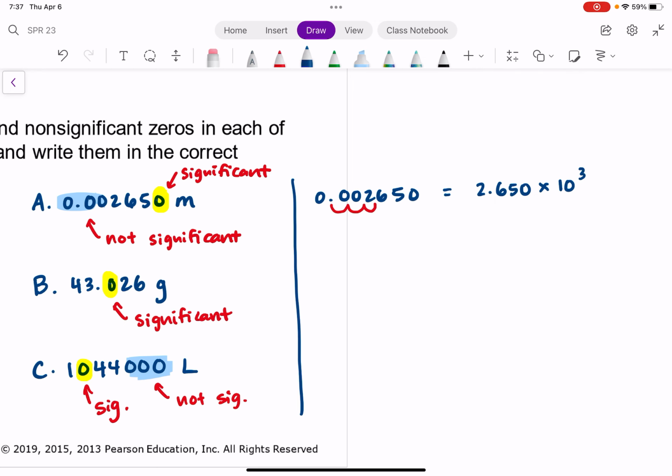Yeah, remember, this is a small number, so we're going to have a negative exponent. If it was a large number, we'd have a positive one. And then I knew that it was 3 because I moved my decimal place over 3 times, right? 1, 2, and 3.